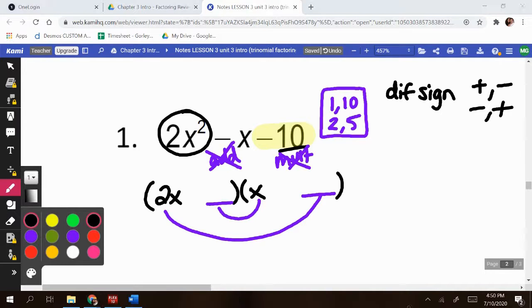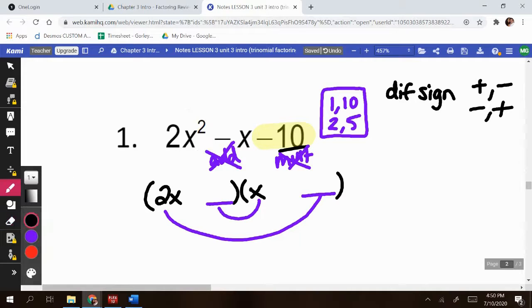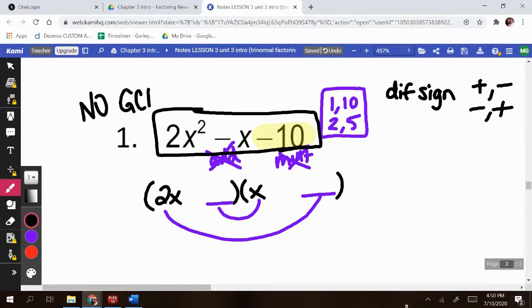First question, did I have a GCF in my original standard form? Is there a GCF here? No, there is no GCF in the original form, which is why we went straight to trinomial factoring. So should there be a GCF in either one of these sets of parentheses?